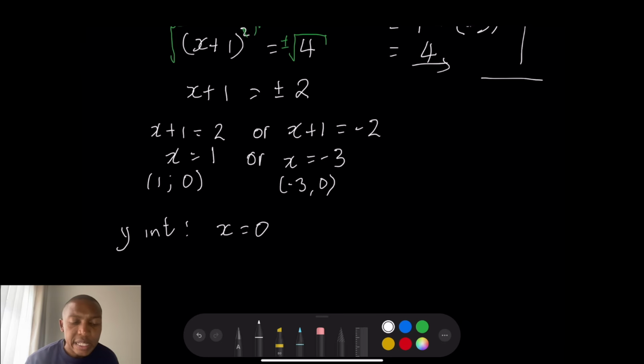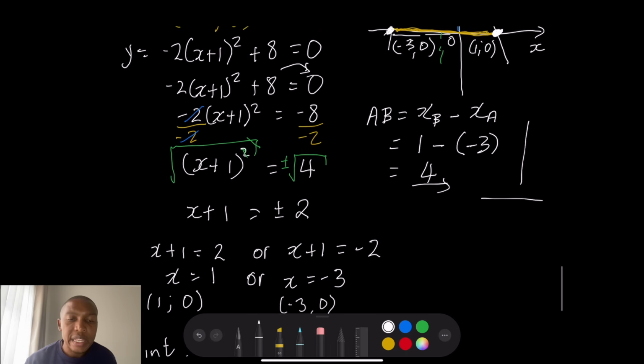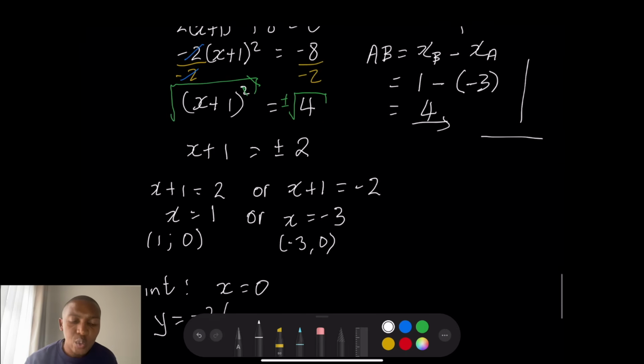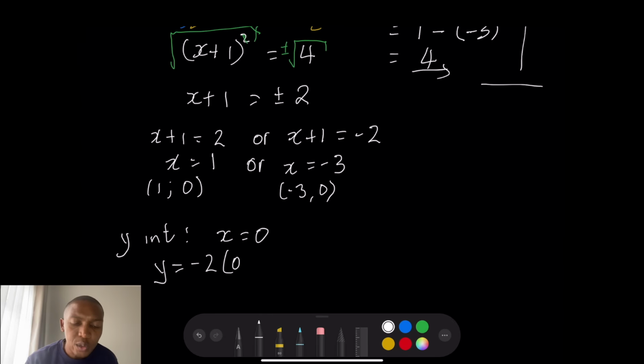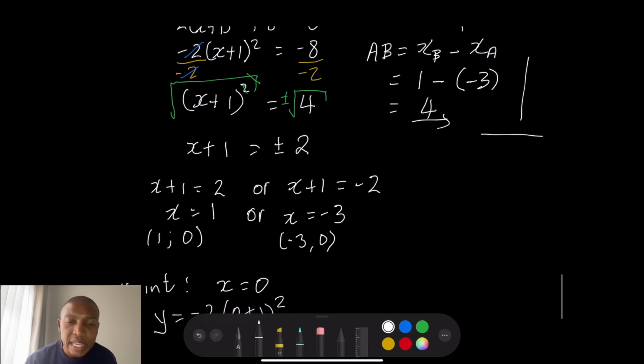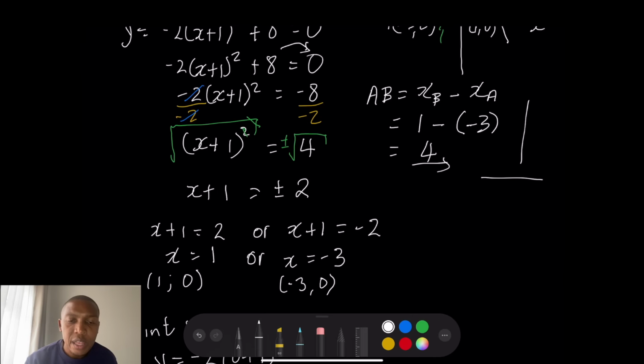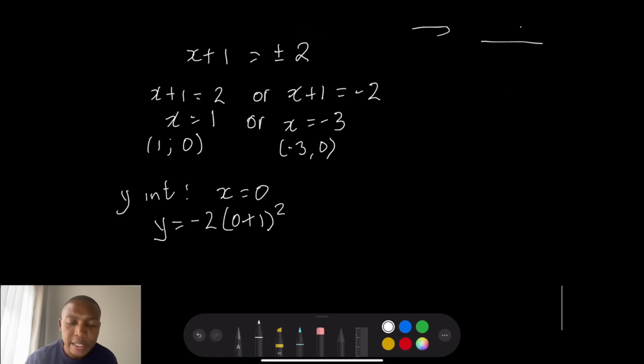So our y-intercept in this case would be, remember we said this is where x is equal to 0, so that's minus 2 into, now you remember our equation, it's x plus 1 squared. So where I see x, I'm going to put 0, so 0 plus 1 squared and plus 8. You remember that's our equation, plus 8, right?